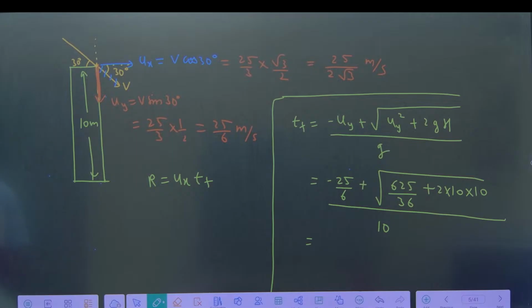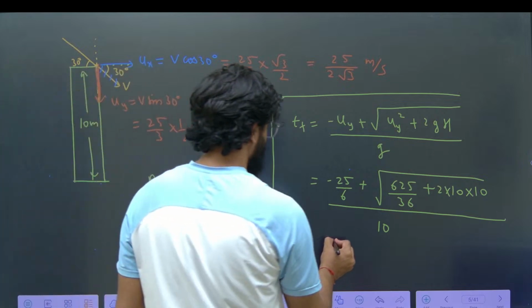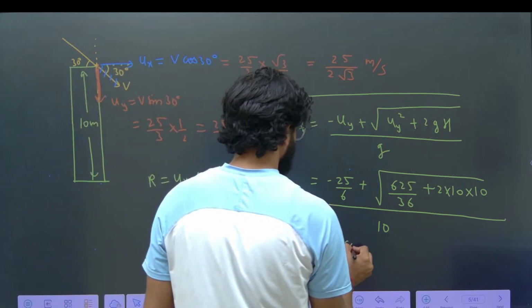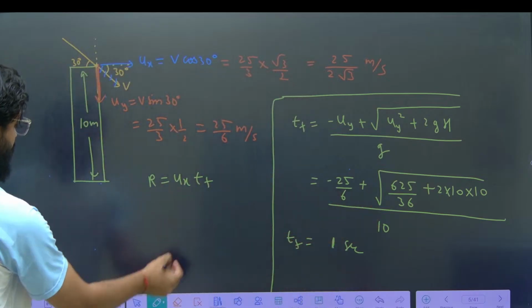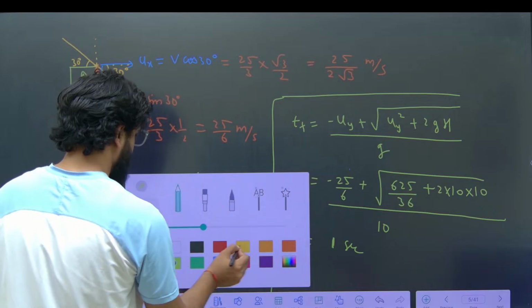Let's subtract this. It is 10.56 upon 10. So it is approximately 1 second. So the time of flight is approximately 1 second. We can solve it, and after that we can put the time of flight over here.